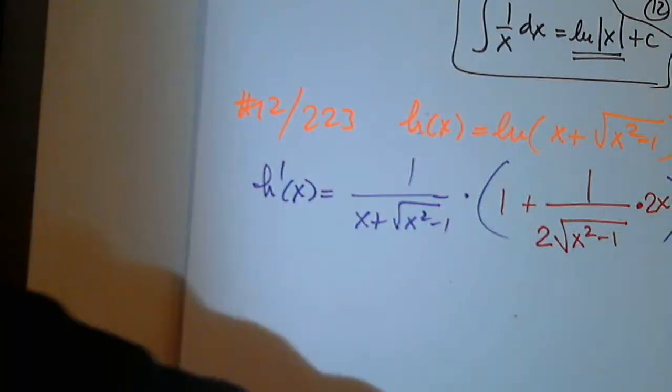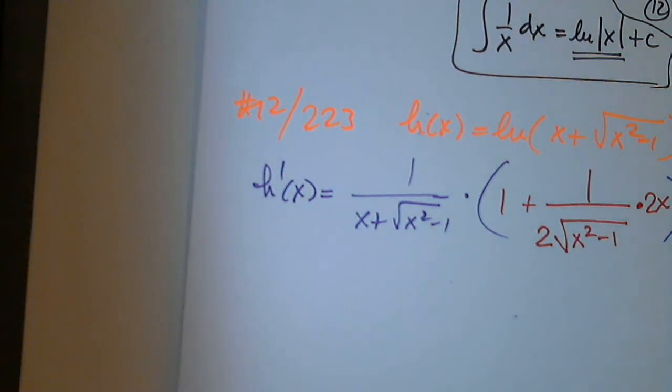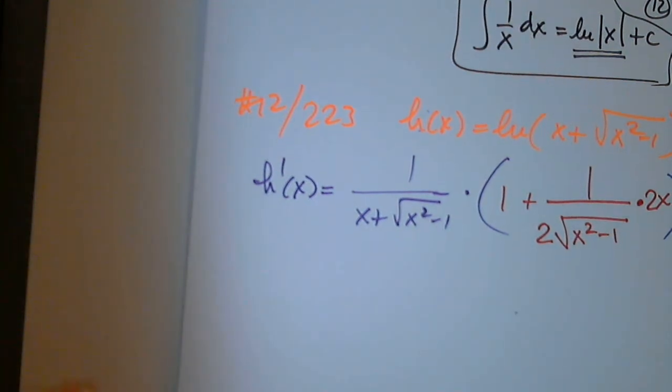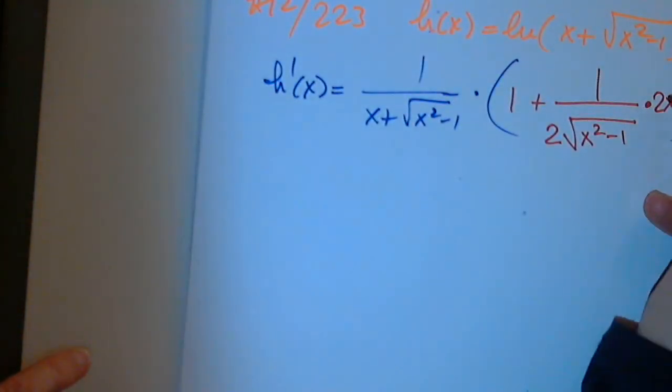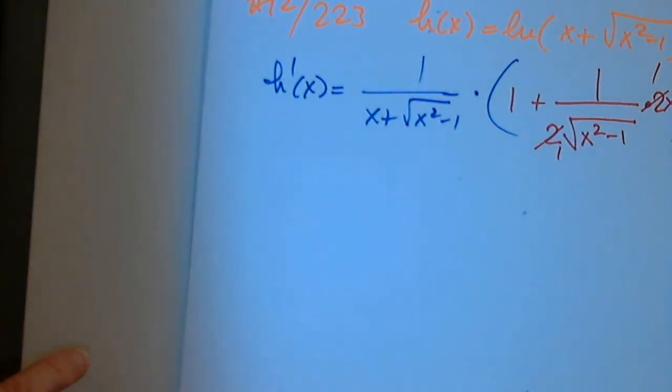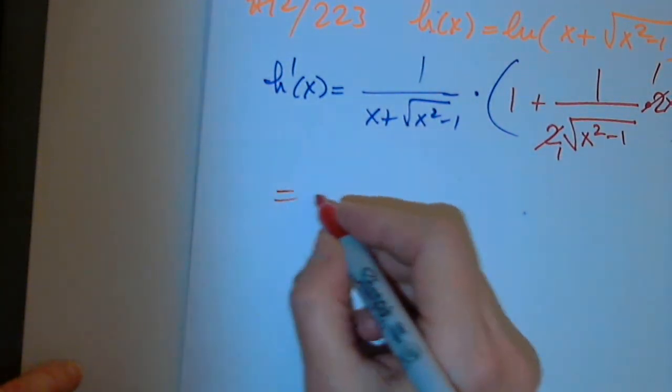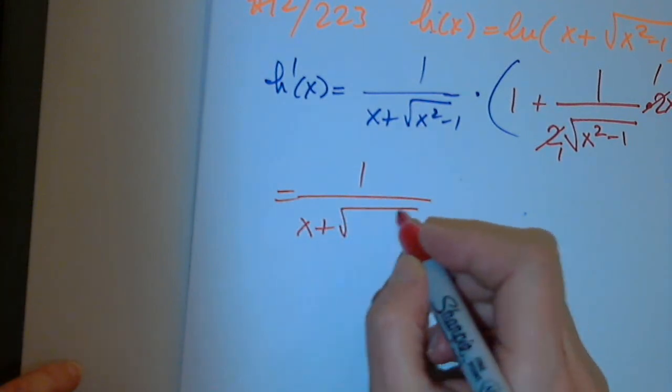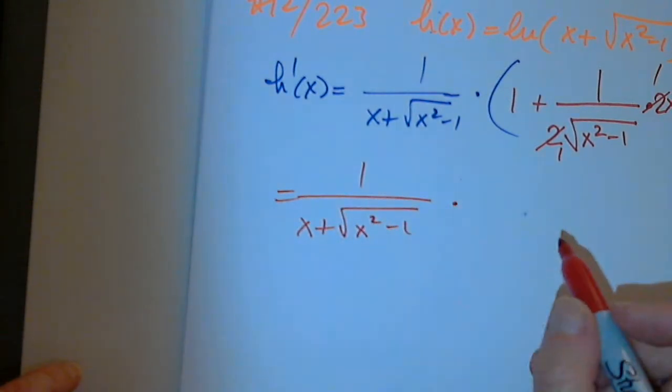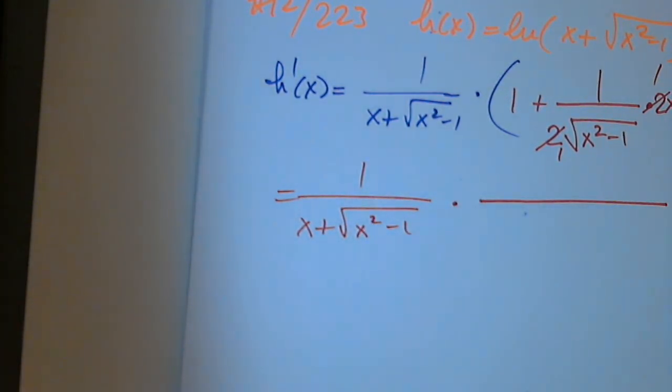Okay, let's try again a little bit of simplification. Maybe it's possible. I will simplify 2 with 2. So this is 1 over x plus the square root of x squared minus 1 times... what is the least common denominator in parentheses? And there is only 1.